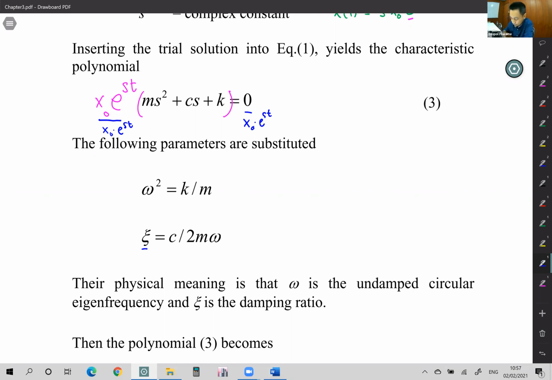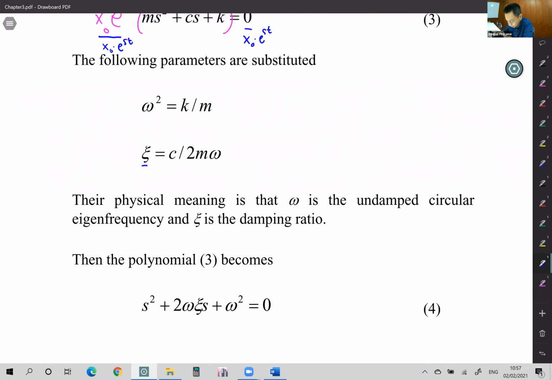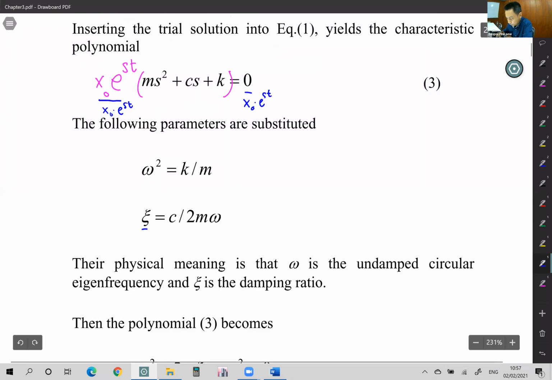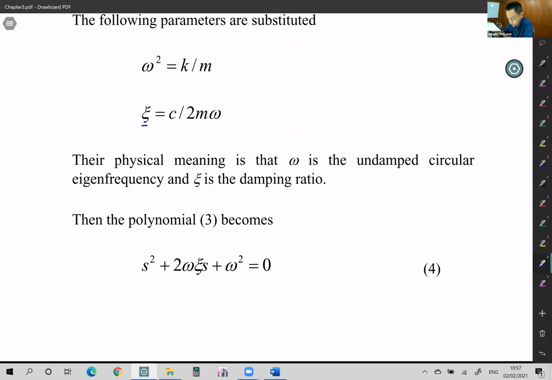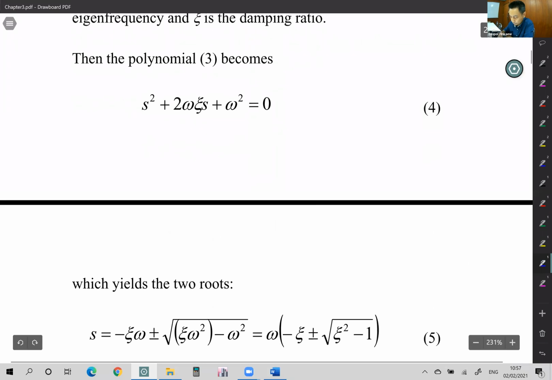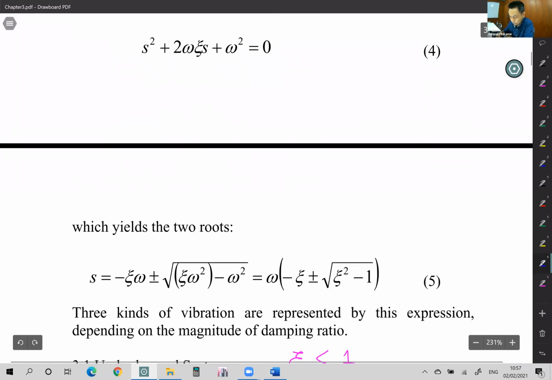So let's introduce omega squared and psi as in these two equations. If I introduce these two parameters into equation number 3, you now obtain equation number 4: S squared plus 2 omega psi S plus omega squared equal to 0. Now let me obtain the quadratic solution of this equation.